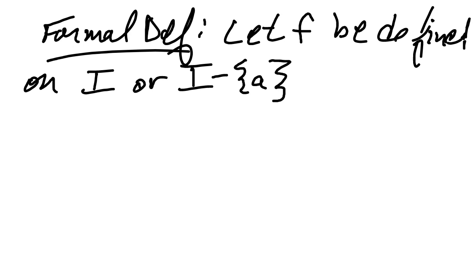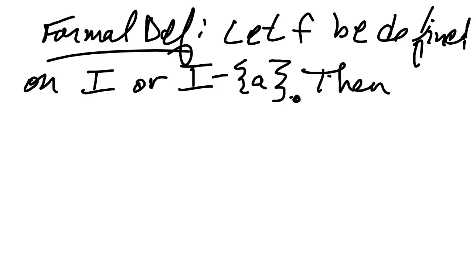This is that same picture. I'm either defined all the way through on both sides of the point, including the point, or not including the point x equals a. It doesn't really matter for limits, because we can get as close as we want to x equals a without touching it.